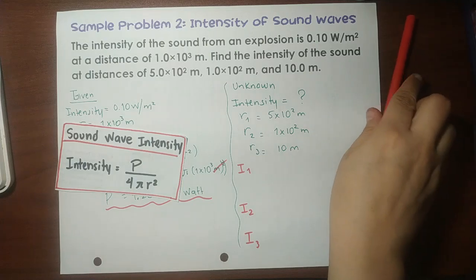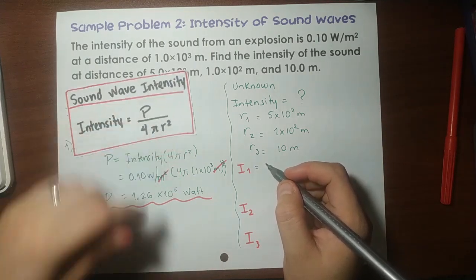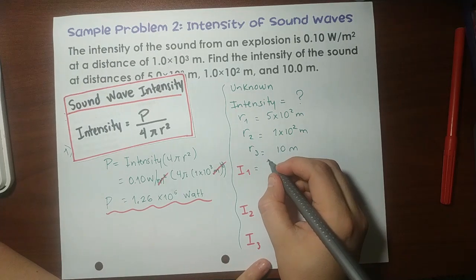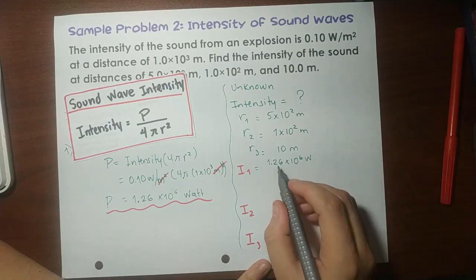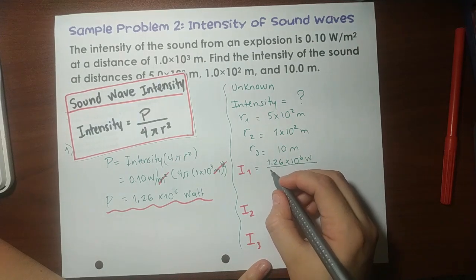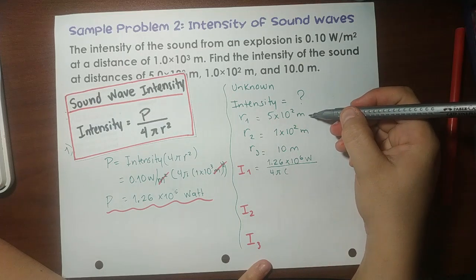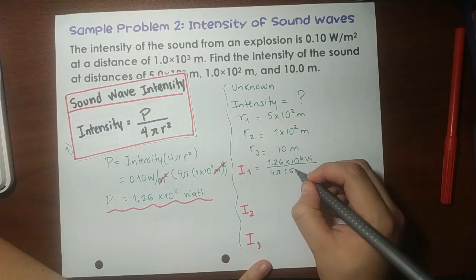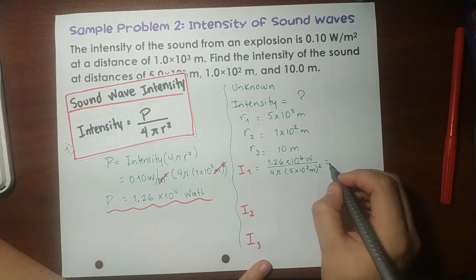My intensity 1 is going to be power, 1.26 times 10 to the 6th watt divided by 4 pi. What distance? The distance given, that is 5 times 10 to the second power meters to the square.